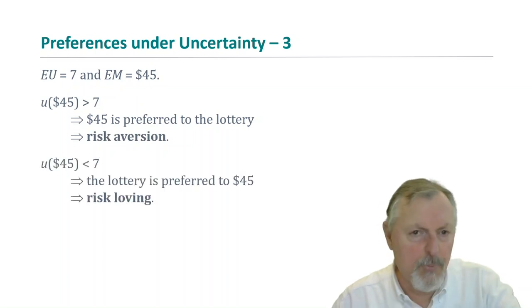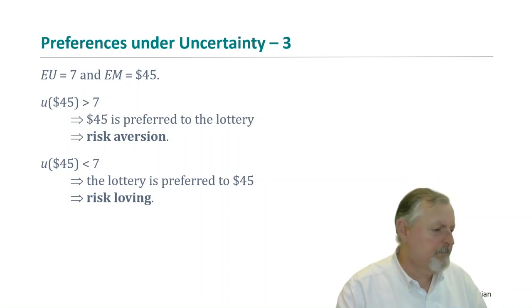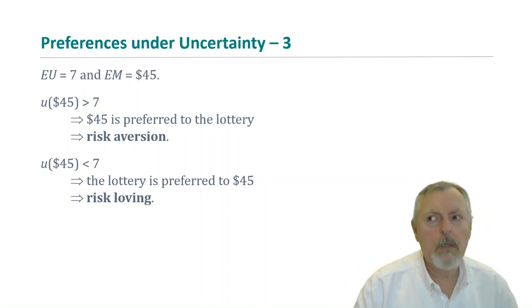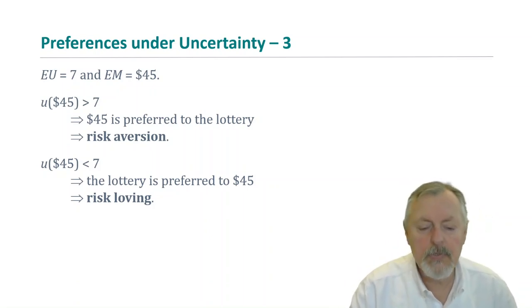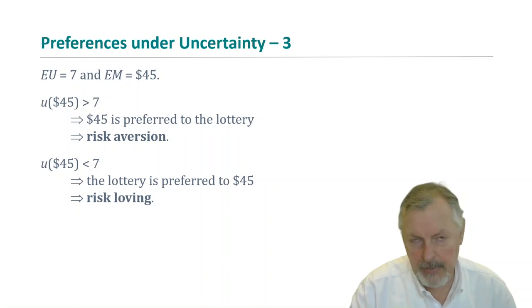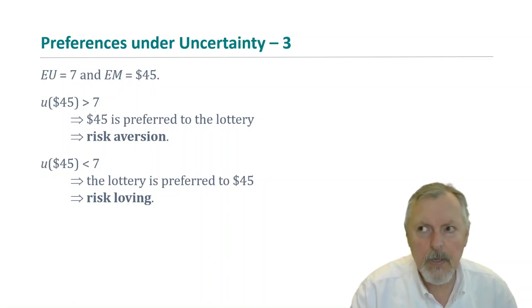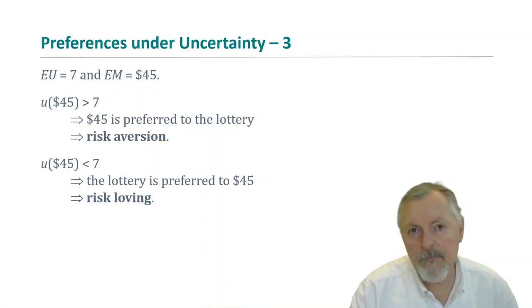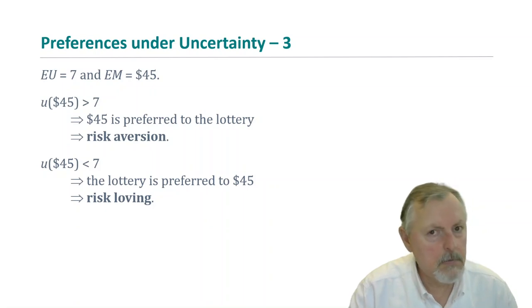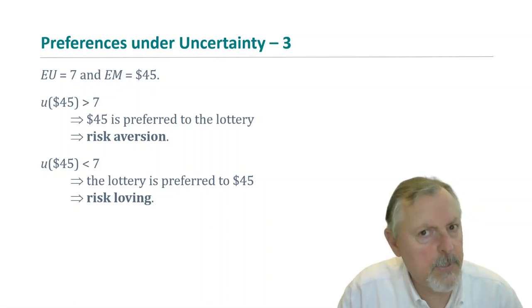What all this boils down to is, usually for most people, utility is not linear in money. What this means is, if I double the amount of money you have, it will not double the amount of utility you have.